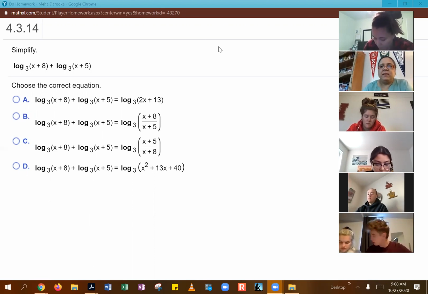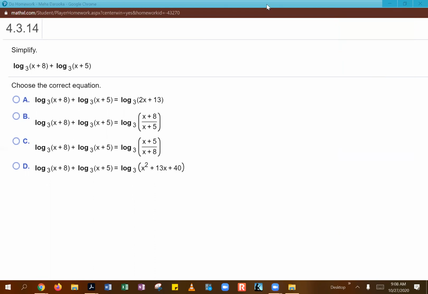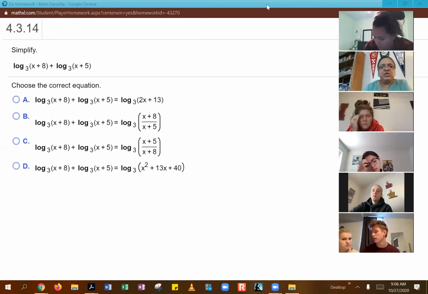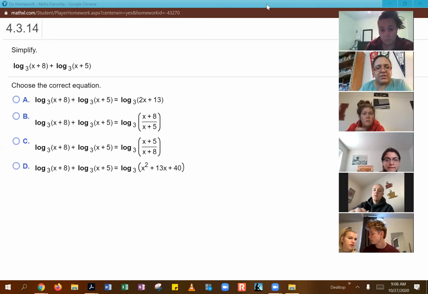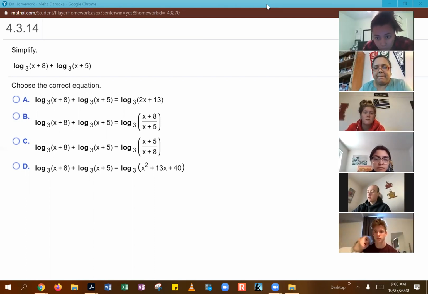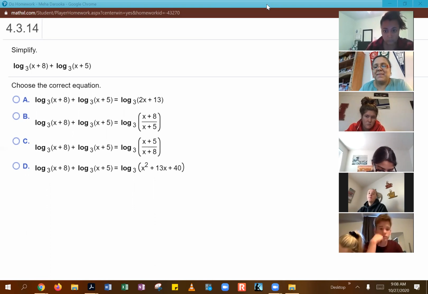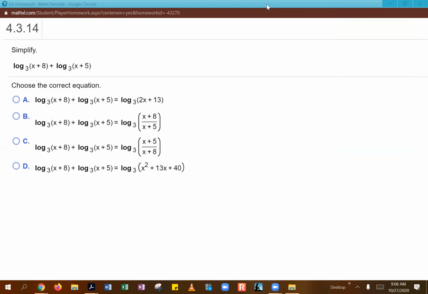Jacob, D, okay. So what's making us choose D as the example? What are you guys kind of thinking with the answer D? Because when you multiply that x plus 8 and the x plus 5 together, you have to do the FOIL method with it. So you'd get the x squared plus 13x plus 40. Yeah, very nice. Very good.